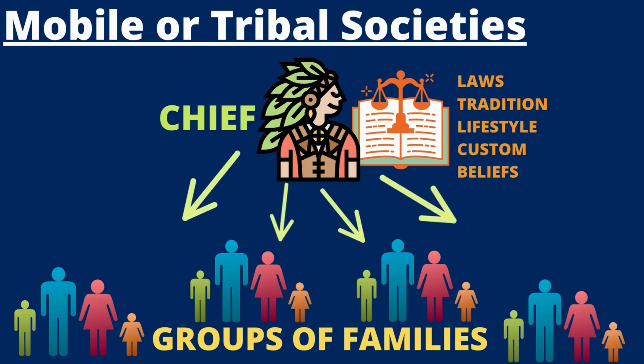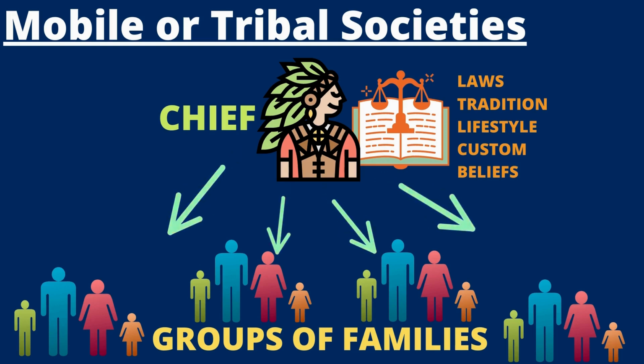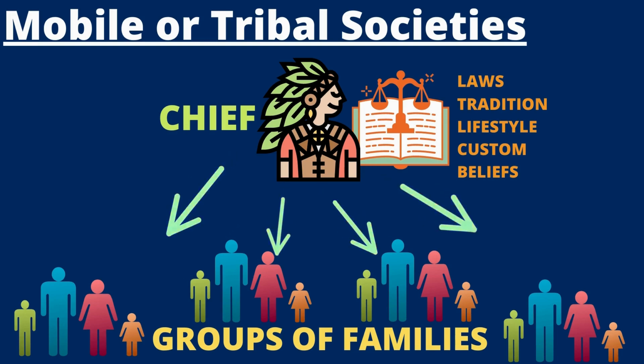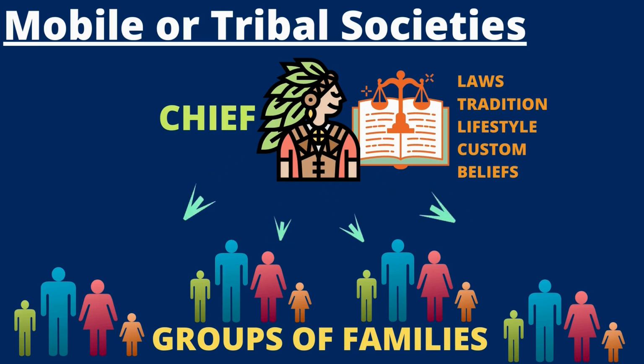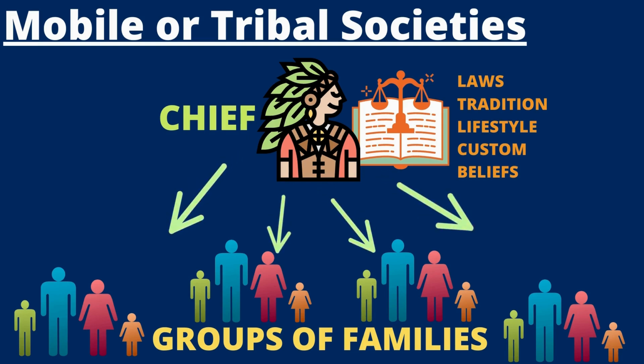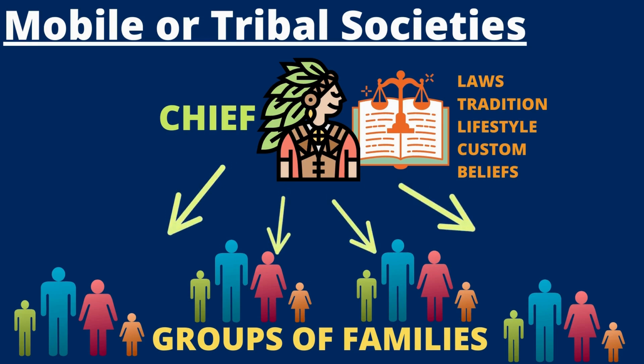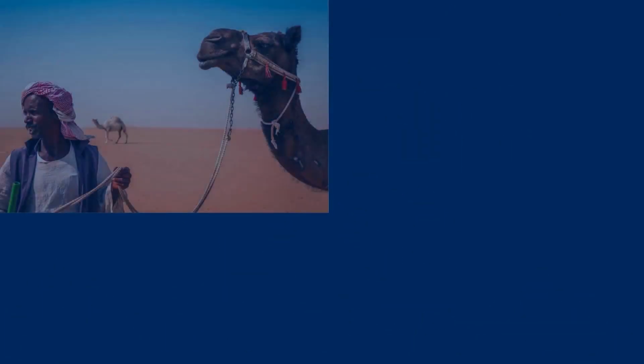Can you see the groups of families at the bottom and their leader, the chief, at the top? And you can see also a book in which are the laws and the traditions that are observed by each member of this tribe. Each tribe or tribal society has its own distinct lifestyle, customs and beliefs.